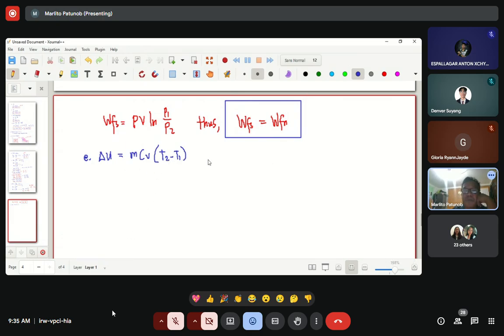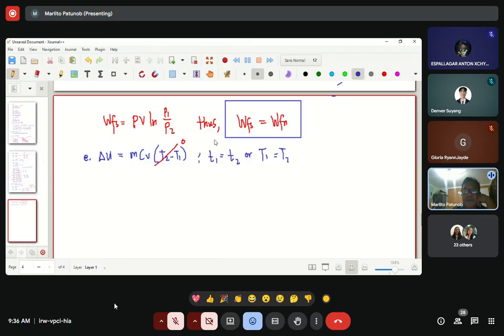Since T1 is equal to T2, this will be cancelled out. So this will be 0.